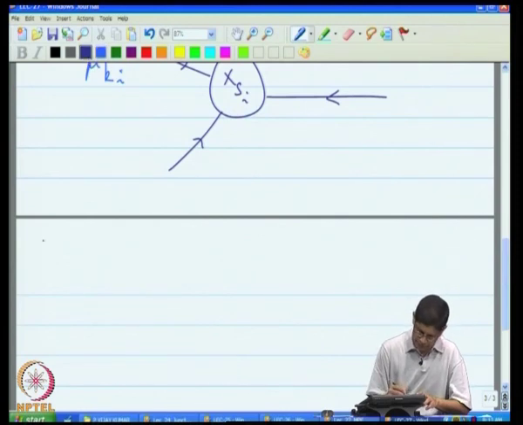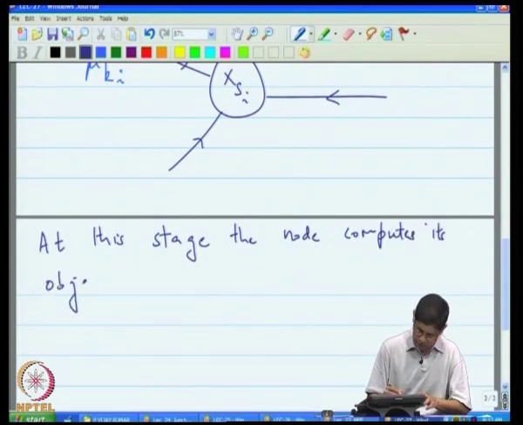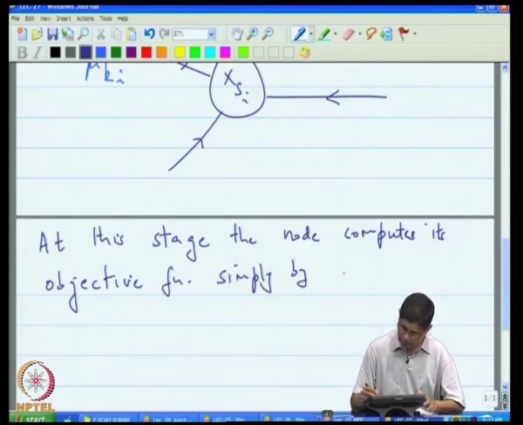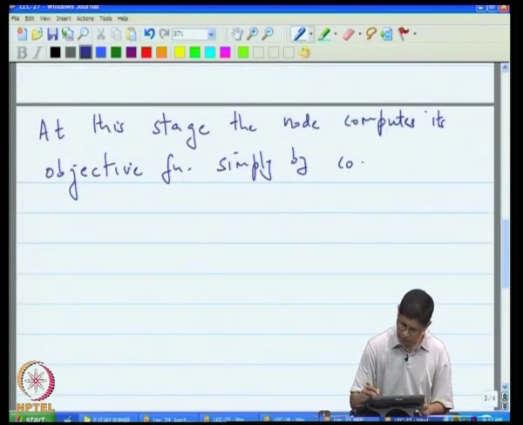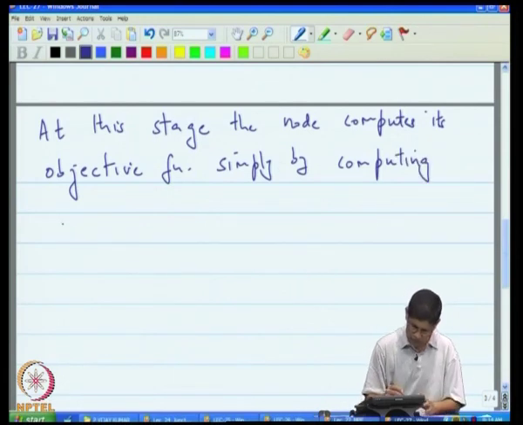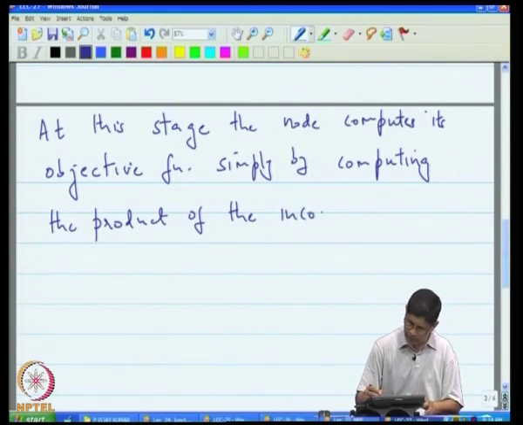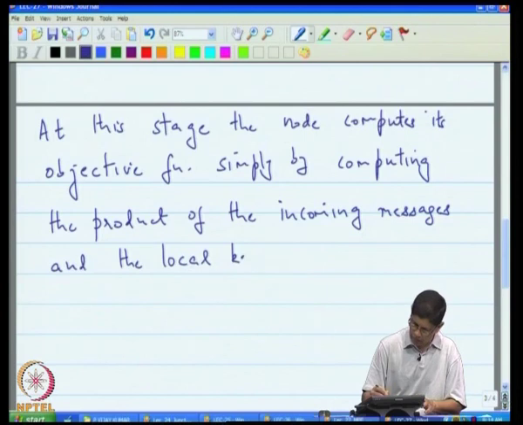At this stage, the node computes its objective function simply by computing the product of the incoming messages and the local kernel.